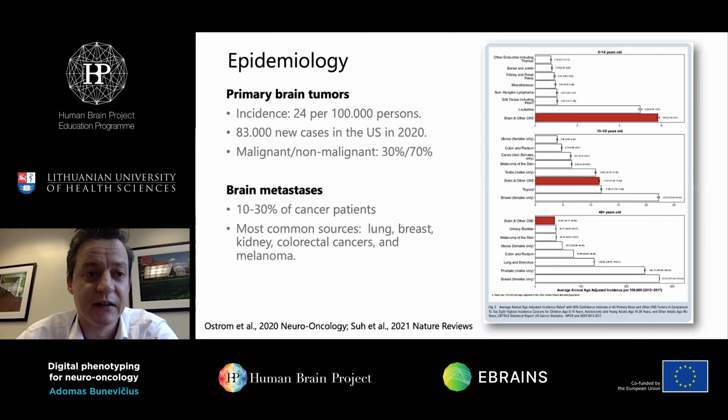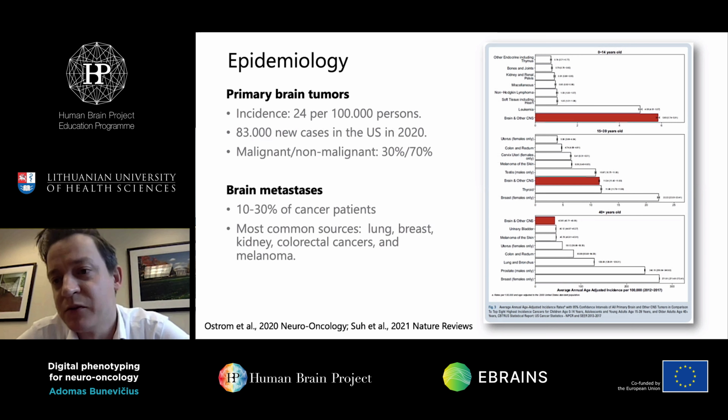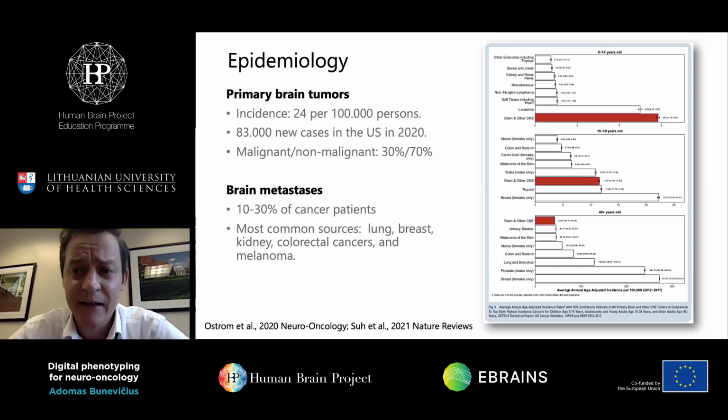When we speak about brain tumors, it's a heterogeneous and wide group of diseases. It's not one brain tumor; there are different types. Roughly we can say that there are primary brain tumors and brain metastases. Primary brain tumors are tumors that originate in the brain. In 2020, for example, there were 83 thousand new cases in the US.